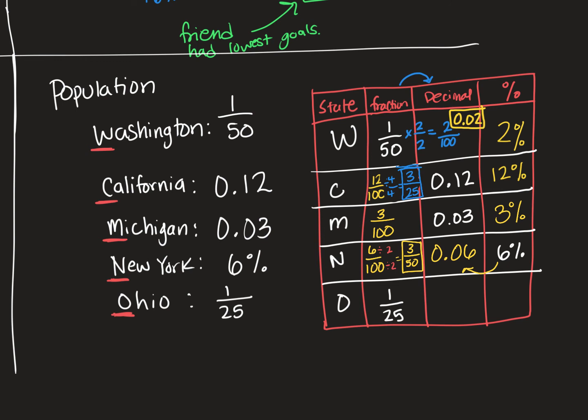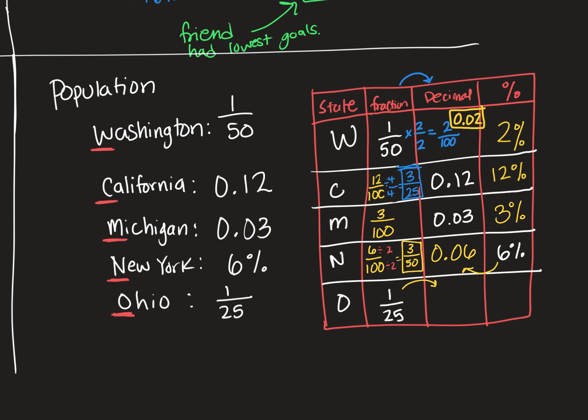Right now, Ohio, we have 1/25th. How do I convert 1/25th into a decimal? You can divide 1 by 25, and you can use a calculator.